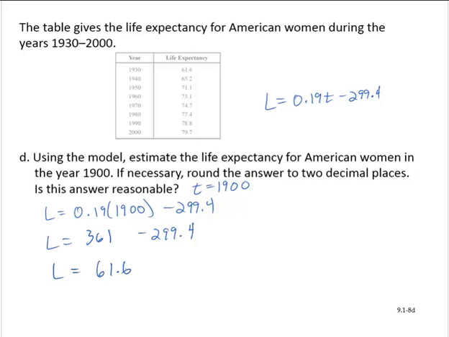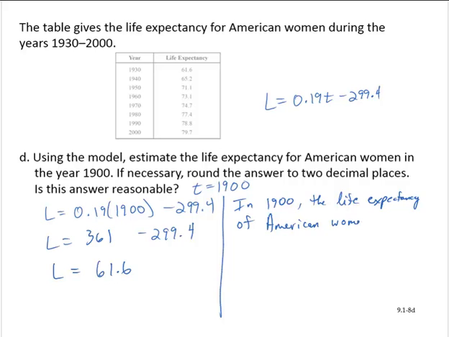So this is telling us that in 1900, the life expectancy of American women was 61.6 years. Does this seem reasonable?